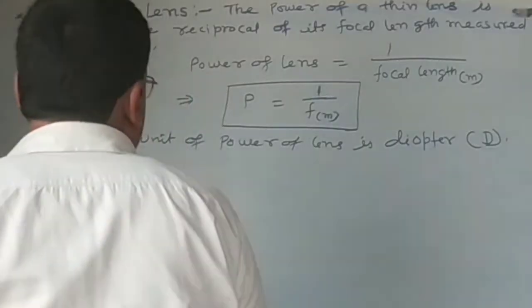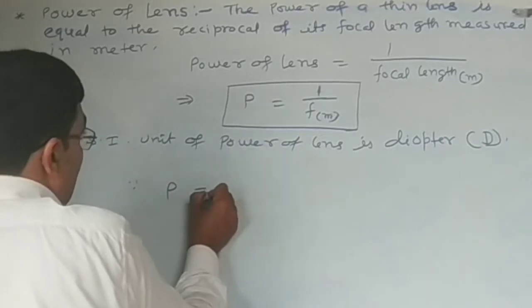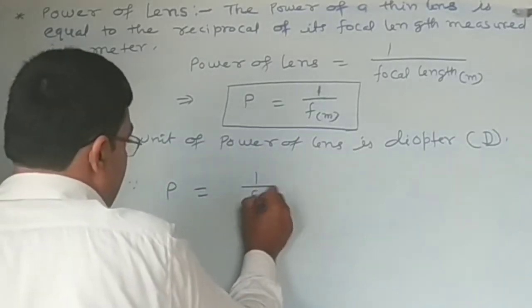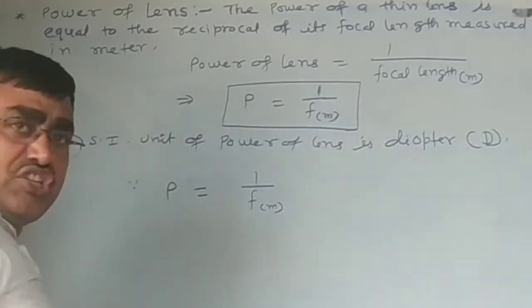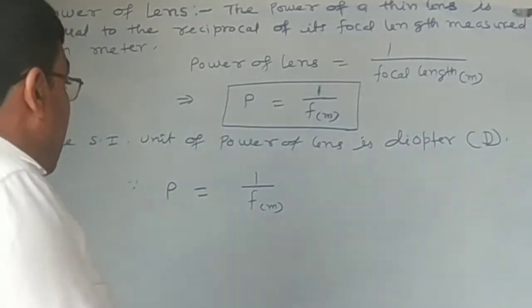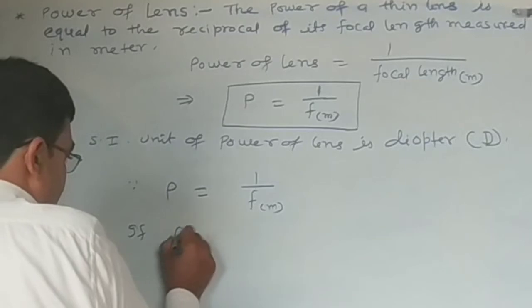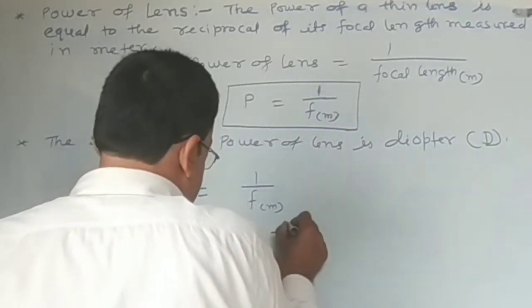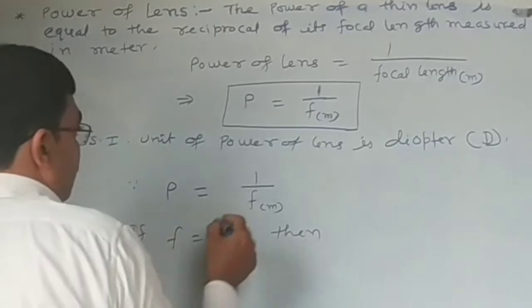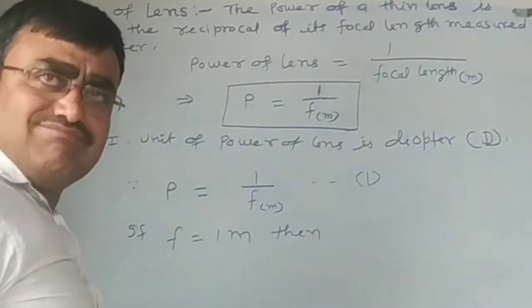Okay, since P is equal to 1 by F in meter, now we assume that if F is equal to 1 meter, then this is equation 1.